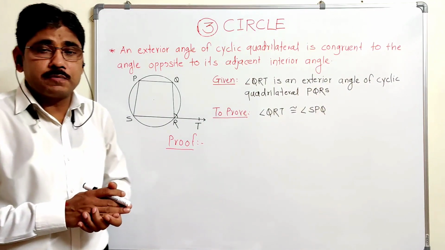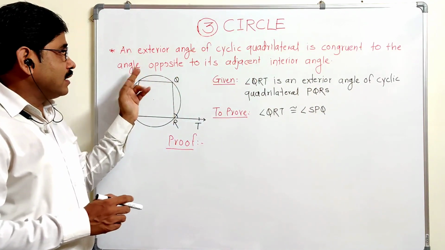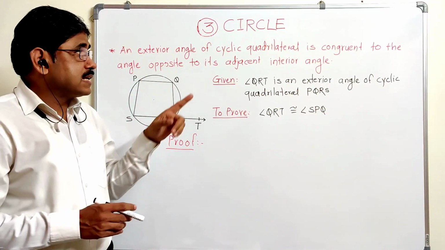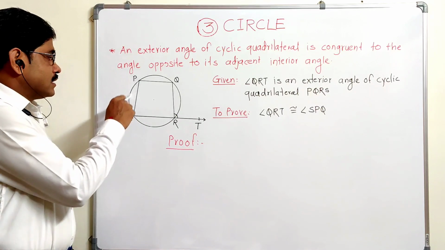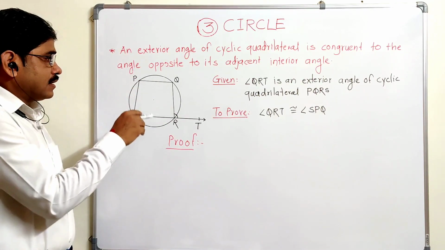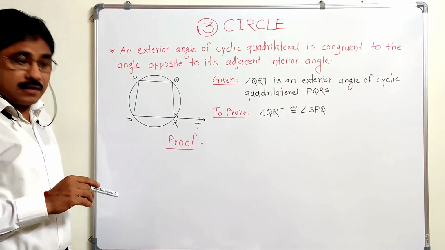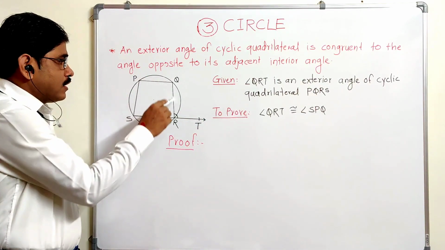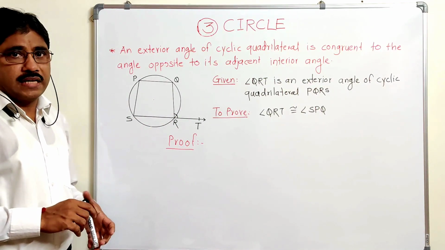The exterior angle of a cyclic quadrilateral is congruent to the angle opposite to its adjacent interior angle. Now in this figure, PQRS is a cyclic quadrilateral, and if we extend side SR, ray SR, then angle QRT is an exterior angle of that cyclic quadrilateral.